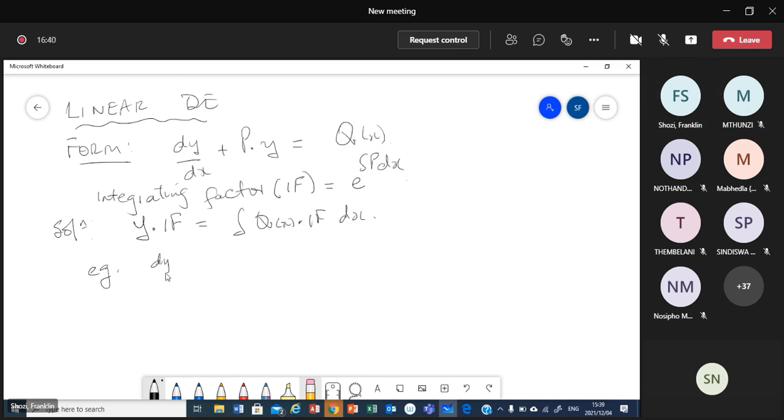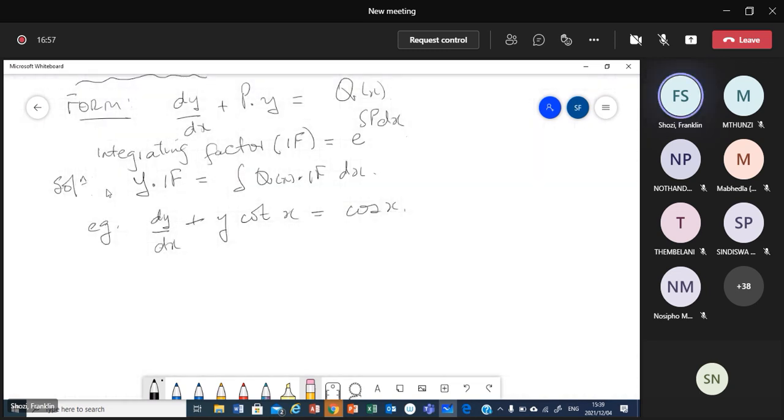For example, dy over dx plus y cot x is equal to cos x. If you look at this differential equation, it appears to be linear in the sense that there is y from our general case, there is p here, which is cot x, and this one is q.